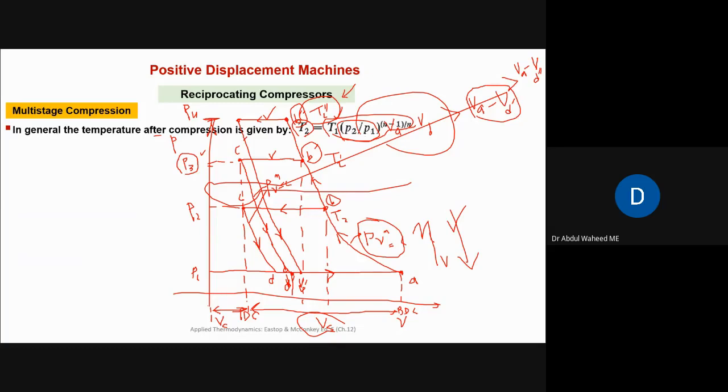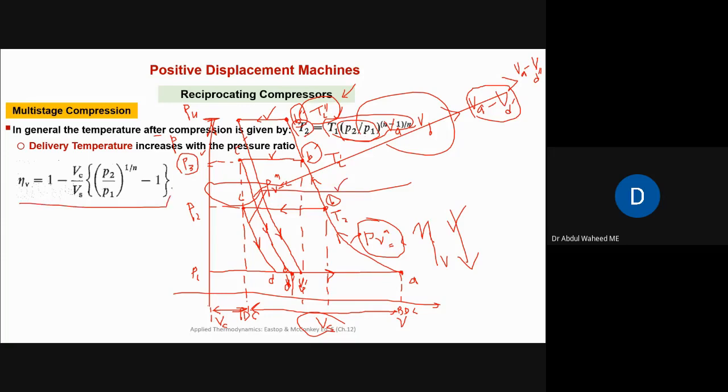And secondly, what we understood here from the graph can also be understood with the help of this equation. As the pressure ratio is increasing, volumetric efficiency will keep on dropping. So that is the mathematical expression that is telling us the same thing which we have demonstrated here in the PV diagram.